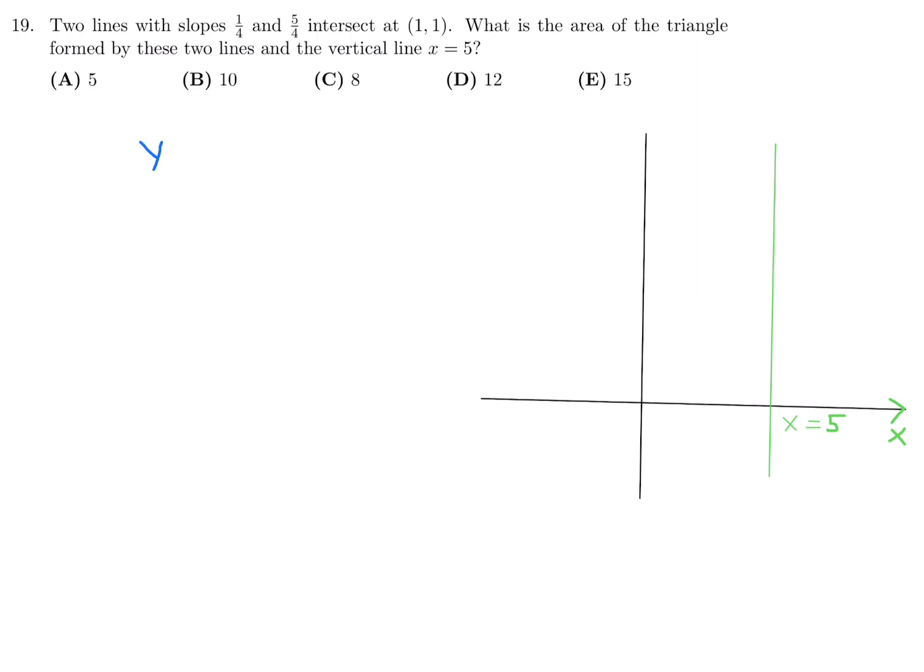So the first one, the slope is 1/4, so 1/4 x plus some b1. And then the second one, the slope is 5 over 4, so 5 over 4 x plus some b2, we'll call it. Now both of them, (1, 1) satisfies the equation, so we can easily calculate the b's. 1 is equal to 1/4 plus b1, so therefore b1 is equal to 3/4.